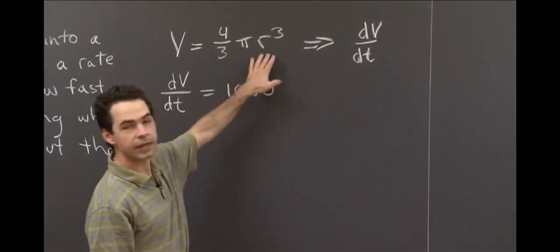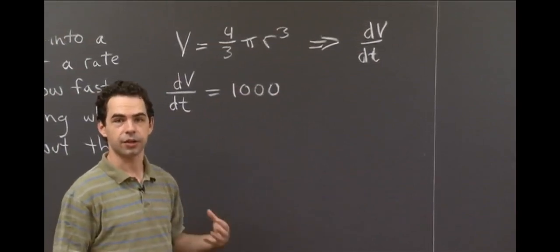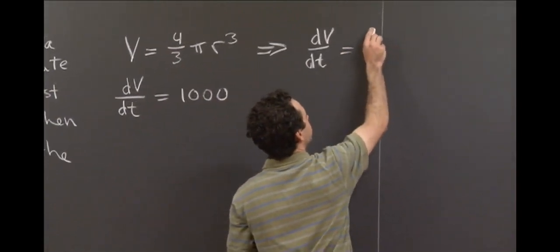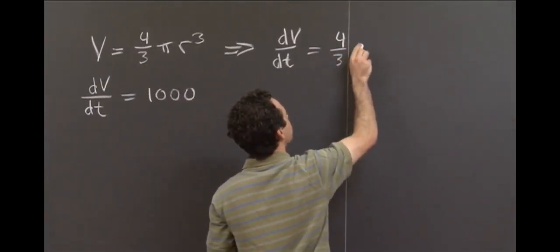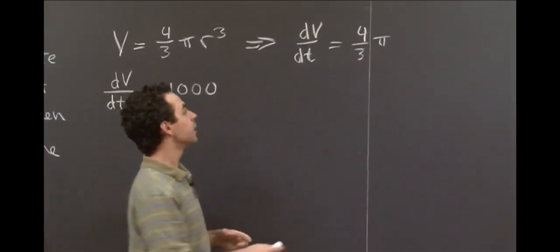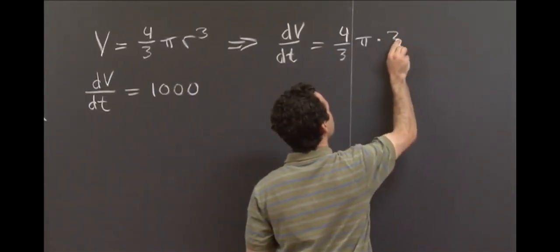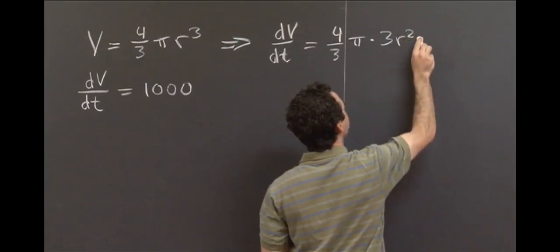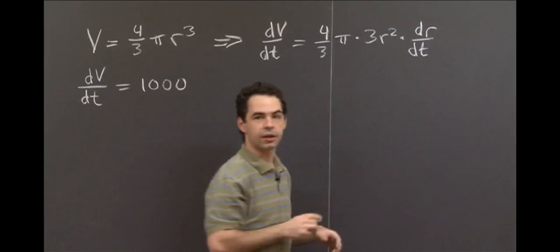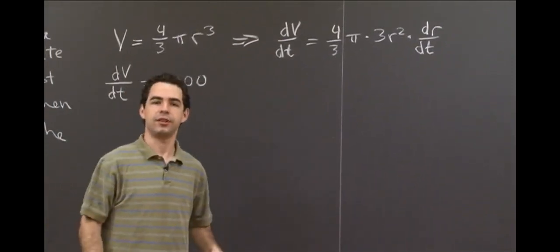Here, r is changing with respect to time. r is a function of t. 4/3 pi is a constant, so when we differentiate, nothing happens to it. And now we differentiate r cubed with respect to t. That gives us 3r squared times dr/dt. That's just the chain rule in action.